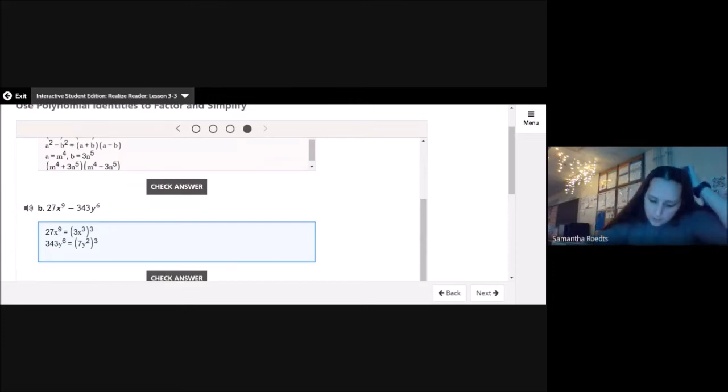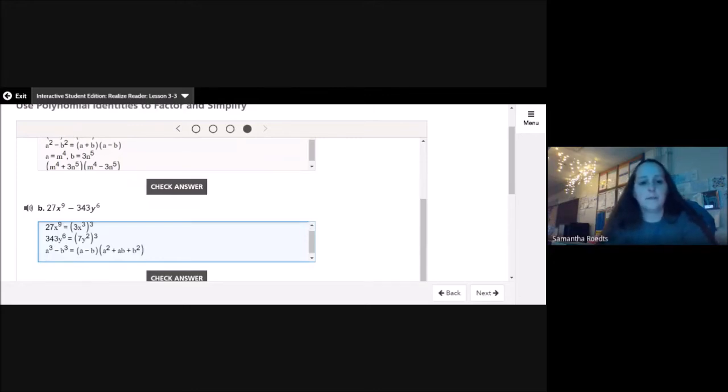Okay, so the difference of cubes says a cubed minus b cubed equals a minus b times a squared plus ab plus b squared. Okay, and we said a equals 3x cubed and b equals 7y squared.